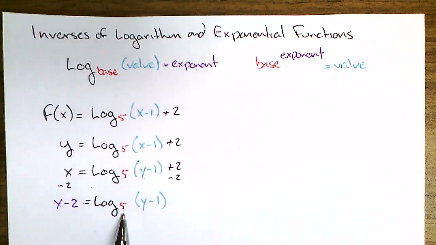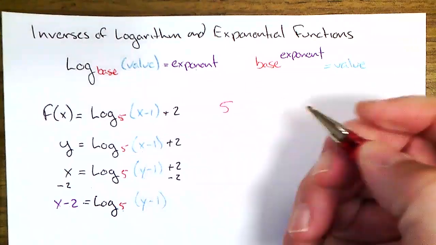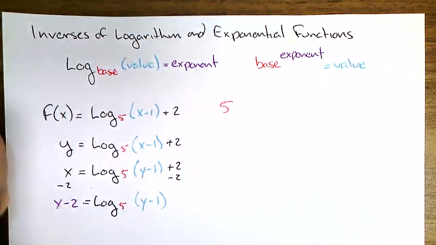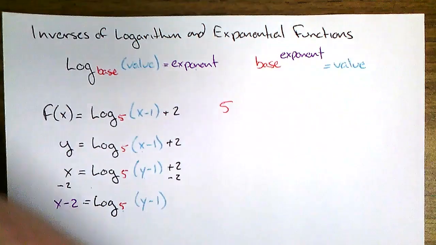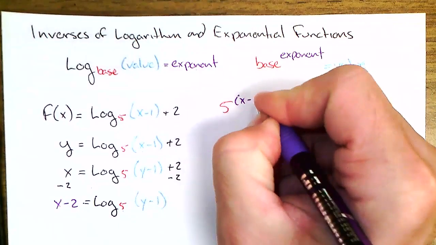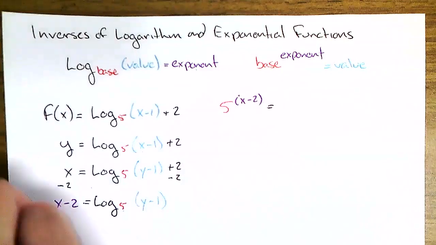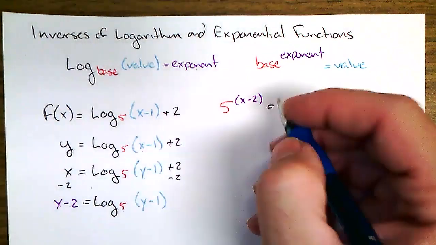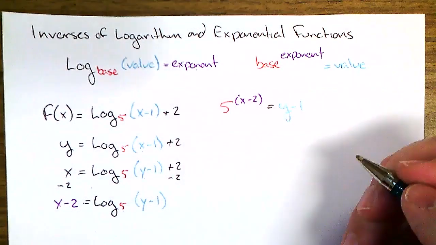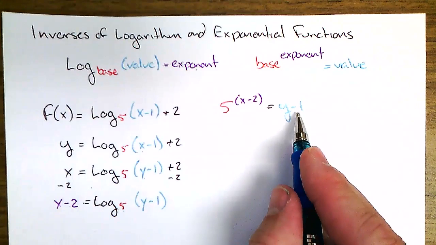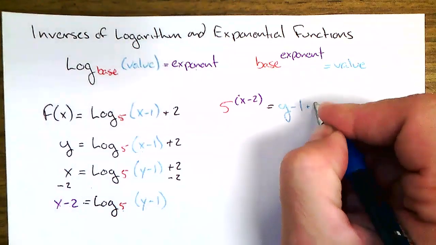So now I have my base, my value, and my exponent. I can rewrite this as an exponential function: 5 to my exponent, x minus 2, equals my value, y minus 1. My last step is simply to bring this 1 over by adding 1 to both sides.